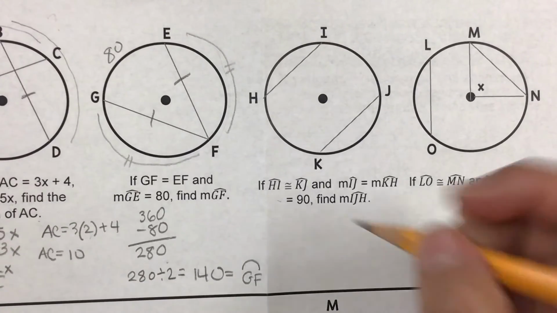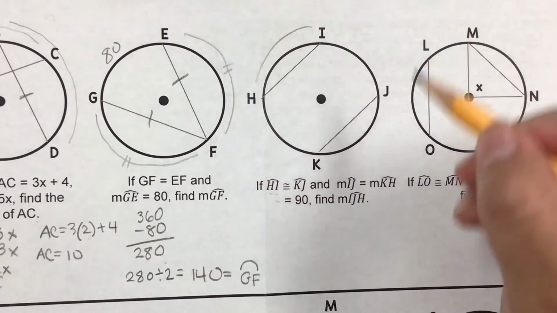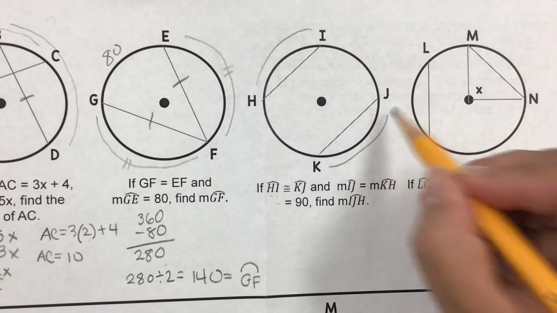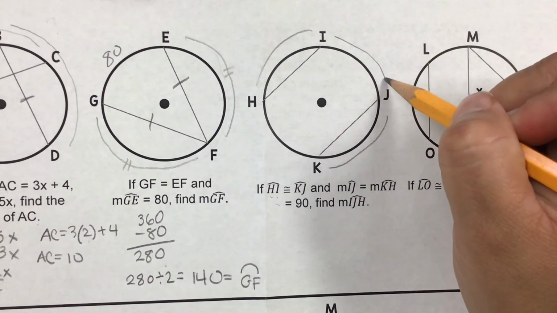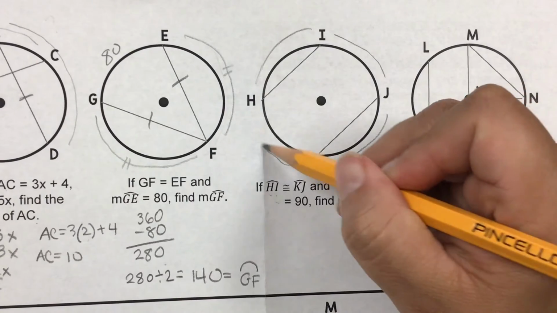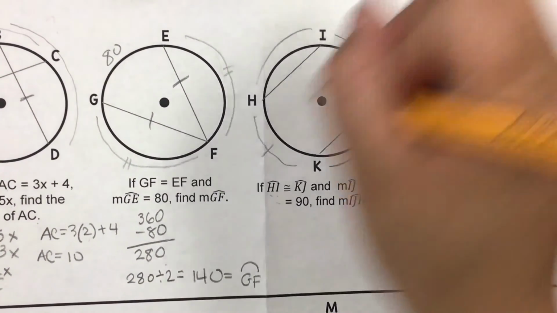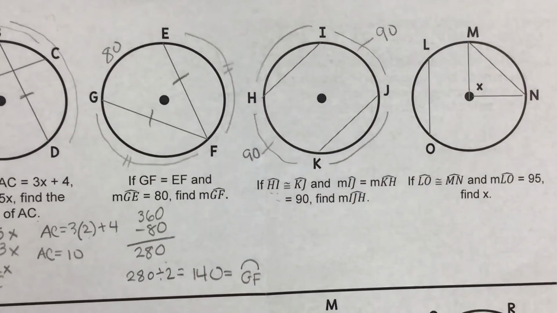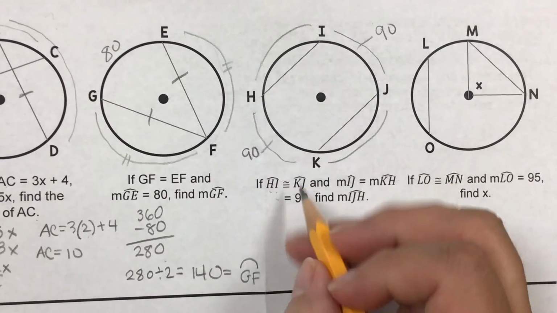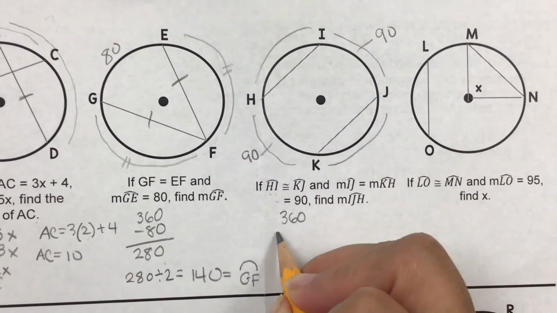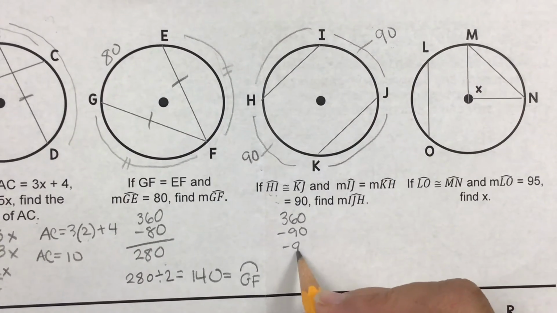For the next one, it tells me that the arc HI is congruent to JK. It also tells me that HI and KH are congruent. And they tell me this is 90, this is 90. So I'm going to do 360 minus 90 for this one, minus 90 for that one.